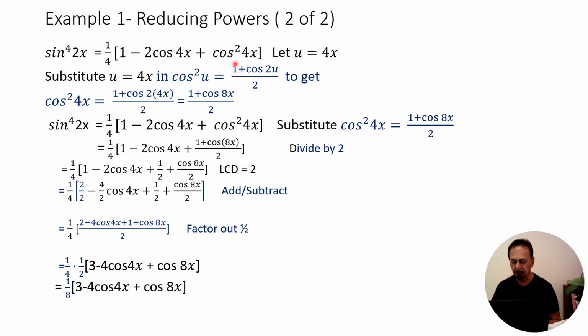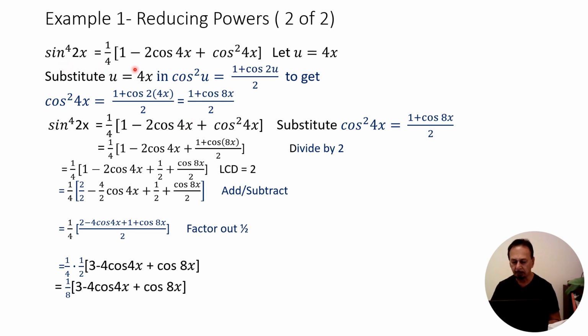Now cosine has a second power, so we need to apply the power reduction formula. We can let u equal 4x and substitute in cosine squared u equals 1 plus cosine 2u over 2, to get cosine squared 4x equal to 1 plus cosine of 2 times 4x over 2, which is equal to 1 plus cosine 8x over 2.